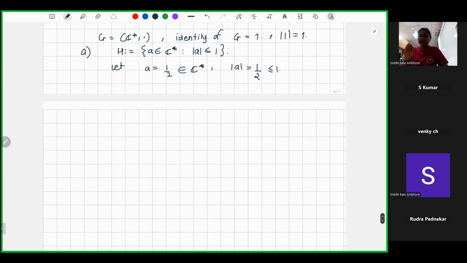So if this H was a group, its inverse would also exist in this set H itself.